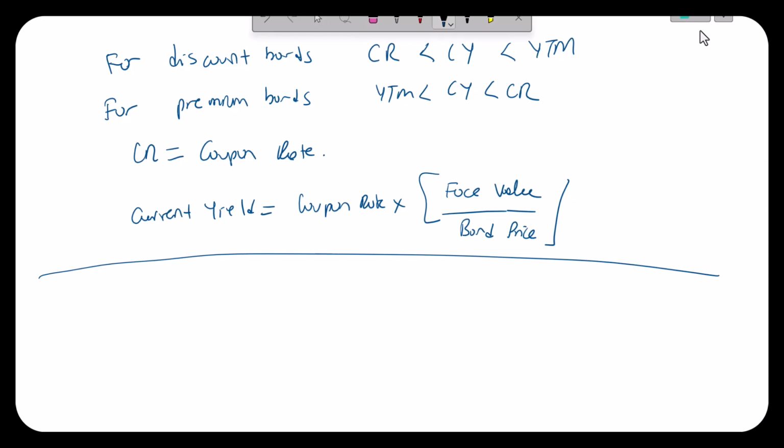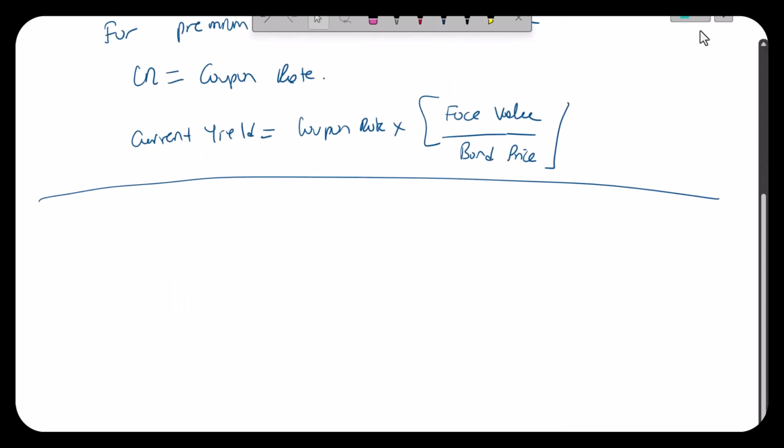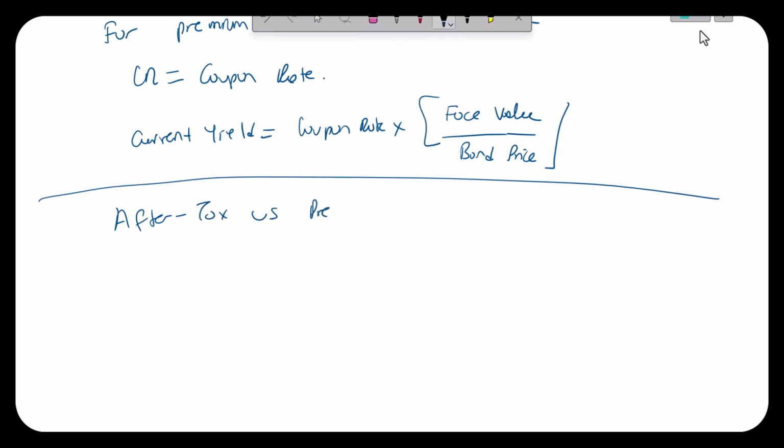Now, we did talk about real versus what you might call nominal returns. There is another comparison that we're going to make: after tax versus pre-tax yields.